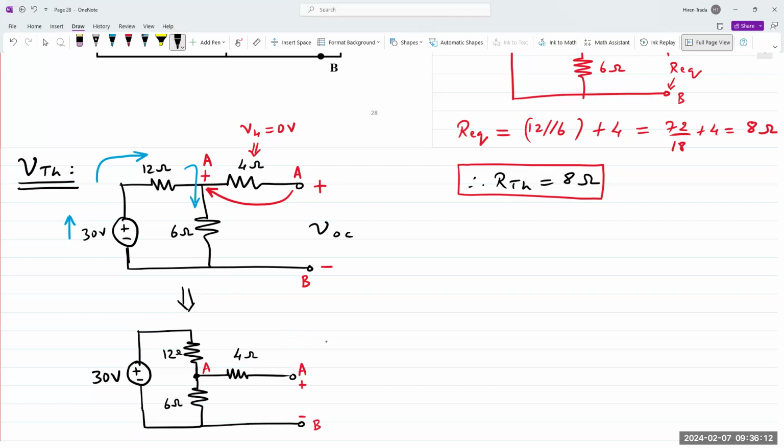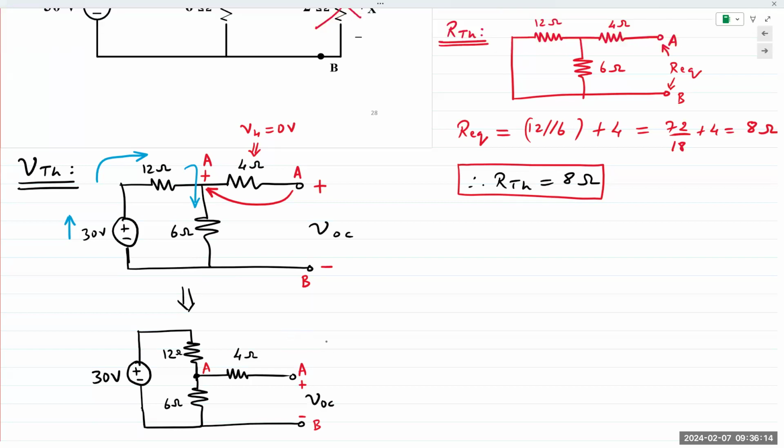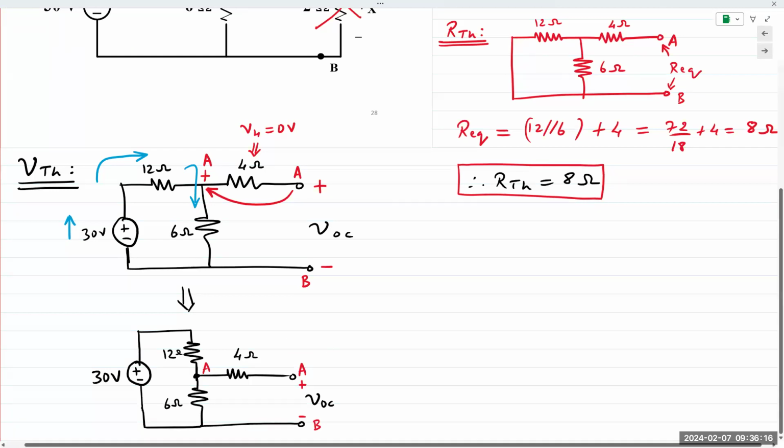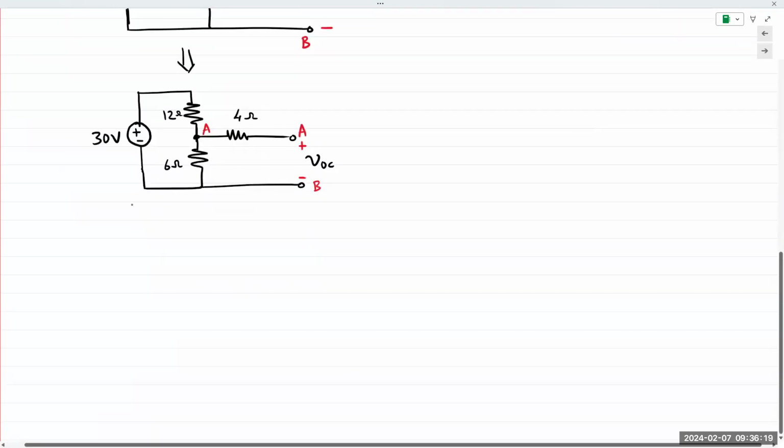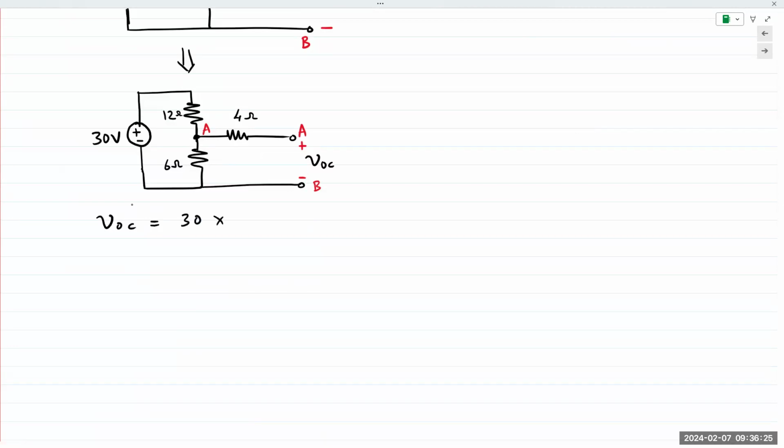I would choose to apply voltage division. And so I can say VOC, and let's draw this down here. VOC is a fraction of the 30 volt source. The fraction is given by 6 divided by 12 plus 6, which gives me 6 over 18, 1/3 of 30 is 10 volts.